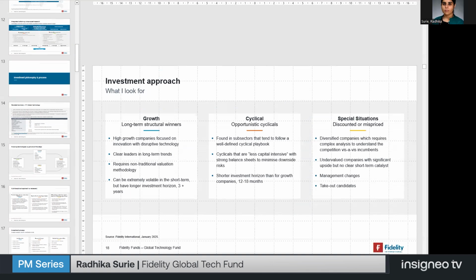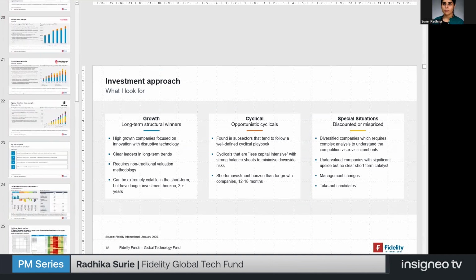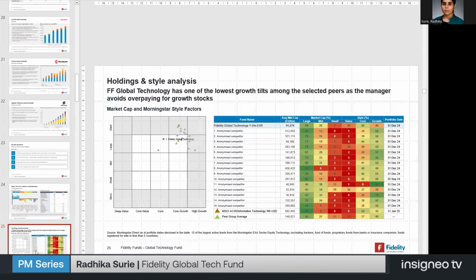Bringing together different types of investments, some of which have growth characteristics, some of which have cyclical characteristics, and some of which have special situations characteristics, allows you to build a portfolio which is essentially quite a core growth portfolio. And that's quite distinct. It's quite different because most of the peer group tends to be much higher up the growth spectrum. But equally, that also means that very often they're paying much higher valuations for that. So the kind of exposure you get from this portfolio is quite distinct.